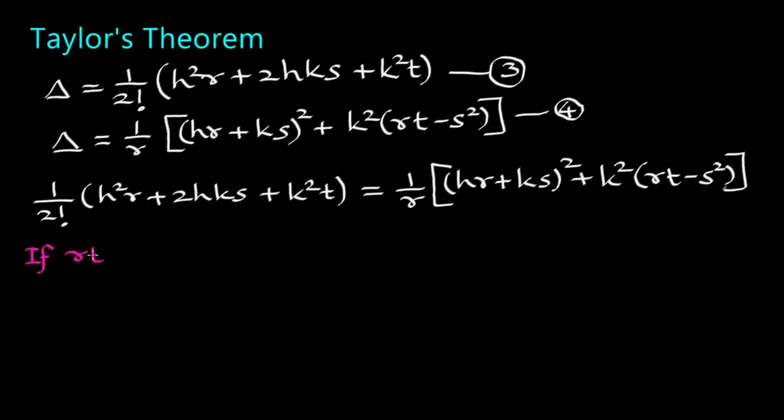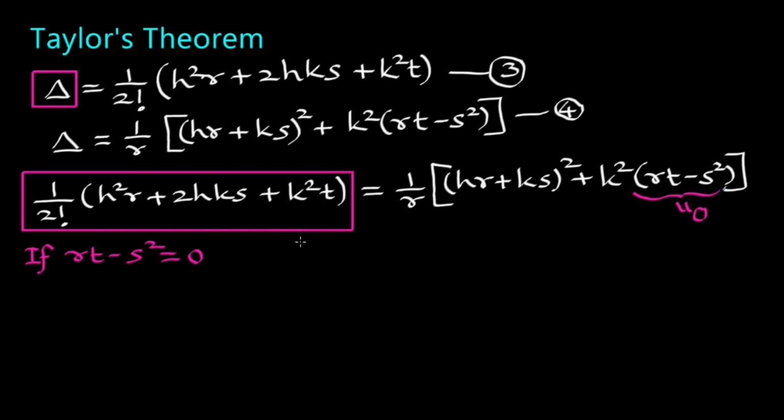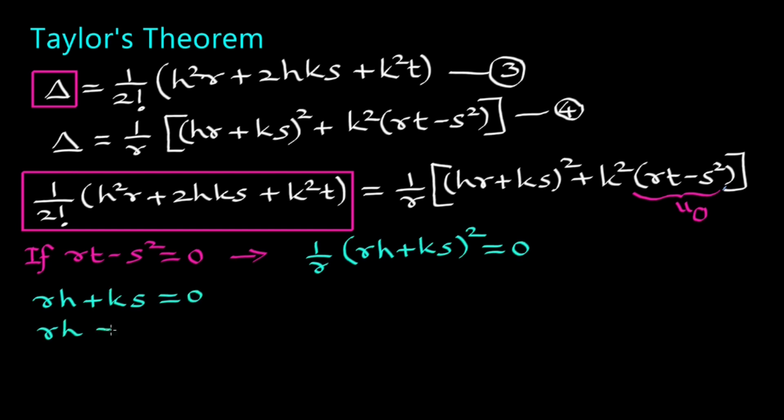Now if rt minus s square is 0, delta will be 0, and hence this left hand side will also be 0, which means 1 upon r into (rh plus ks) whole square will be 0. rh plus ks is 0. rh equals minus ks, or h upon k equals minus s upon r.